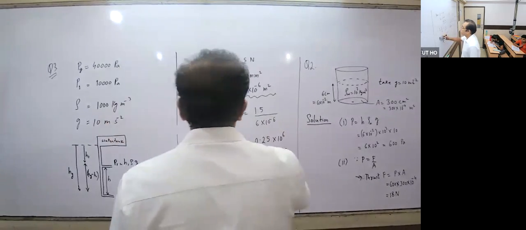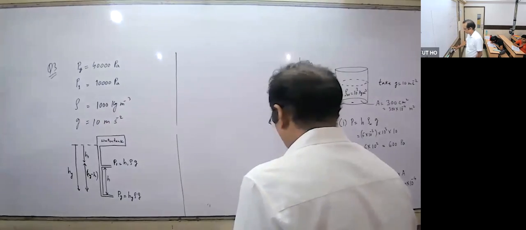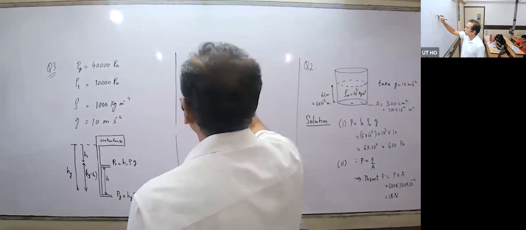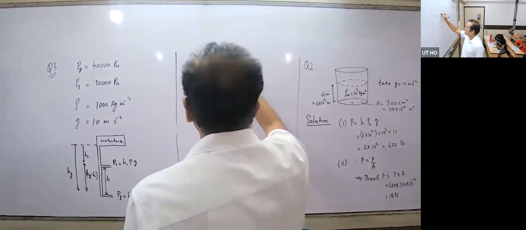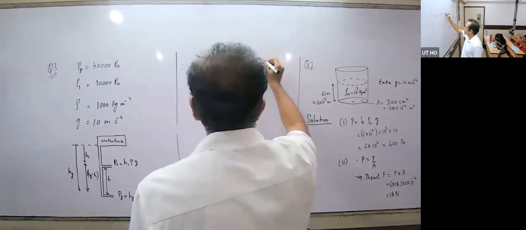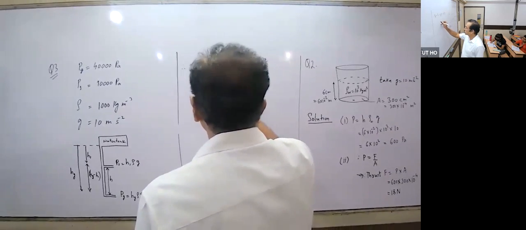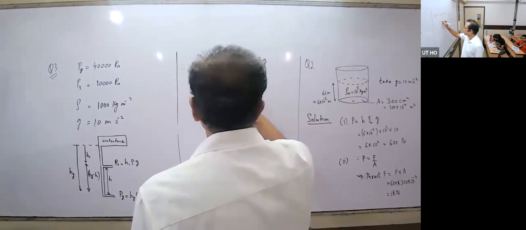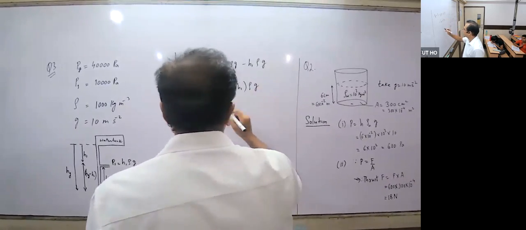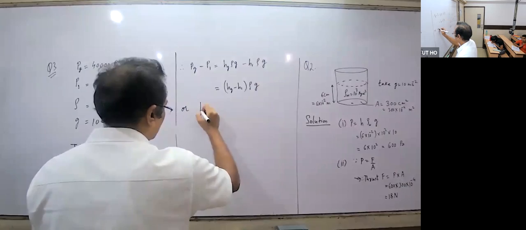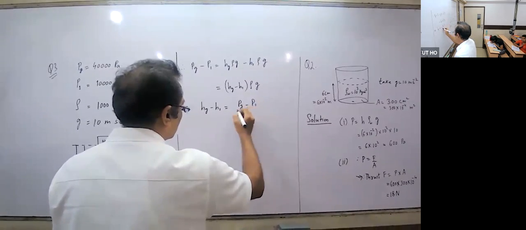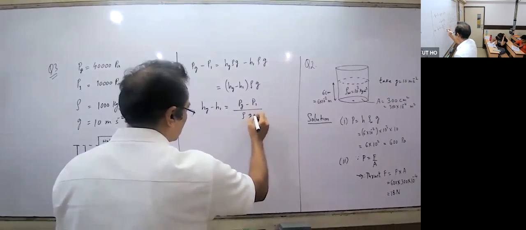So now let's take the difference. Which pressure is more? Therefore Pg minus P1 is equal to Hg rho g minus H1 rho g. Correct? So this is equal to Hg minus H1 times rho g, or Hg minus H1 is equal to Pg minus P1 upon rho g.